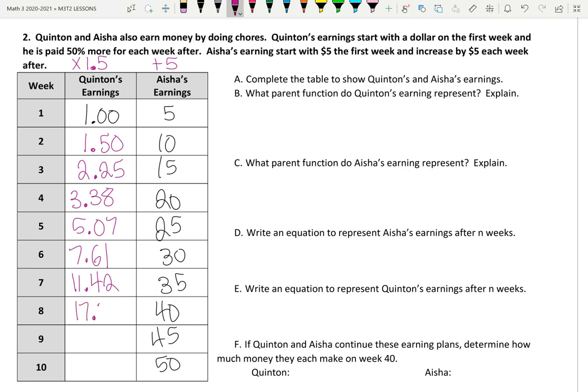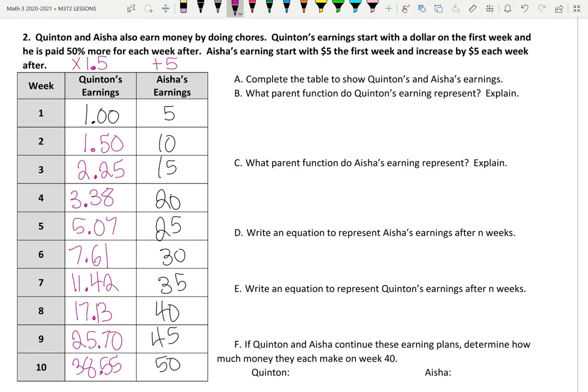And you can see the amount of income is increasing steadily. And then voila, on week 10, he's making $38.55 doing chores.